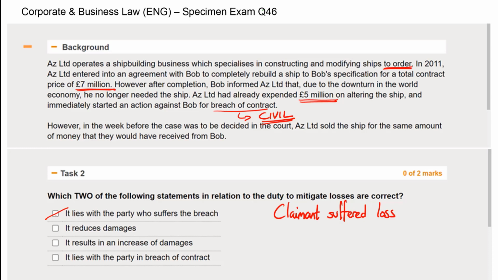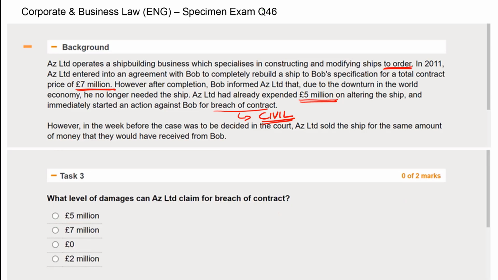What does that do? It will therefore reduce the damages that are payable. So this whole idea of mitigated losses is to get away from a situation where a claimant has a valid case, but then deliberately manufactures a situation where the losses pile up. So claimants have a duty to reasonably mitigate their losses.